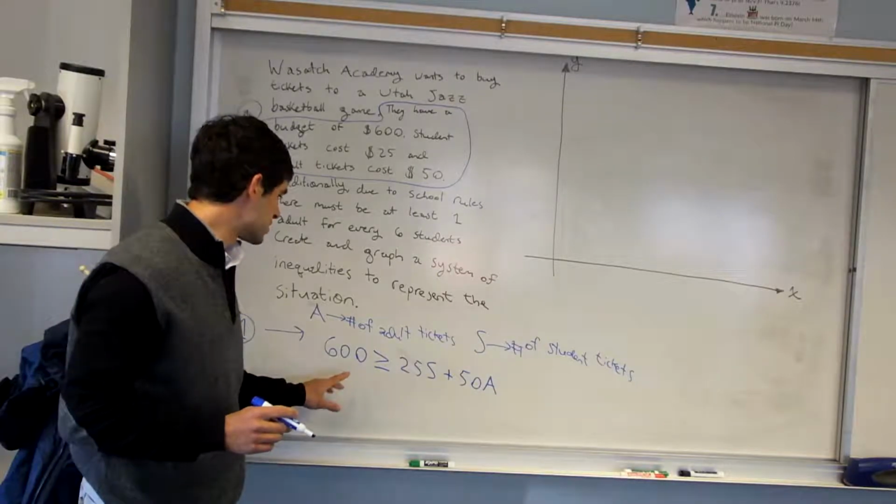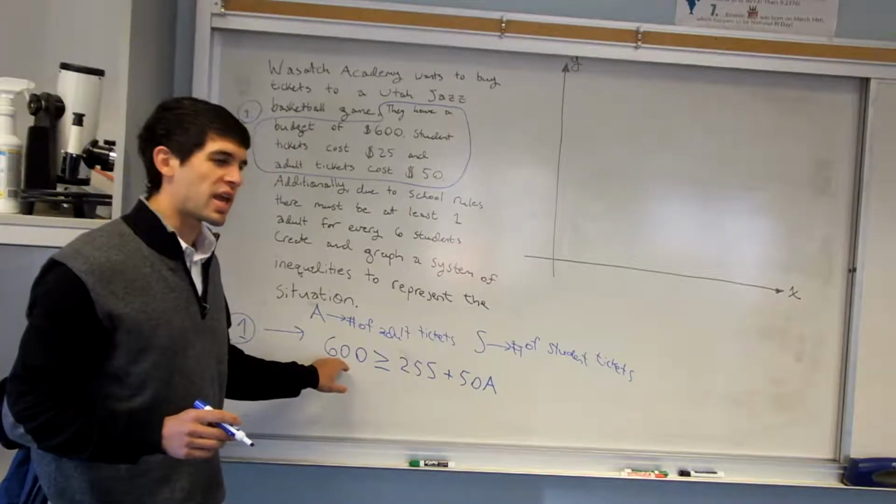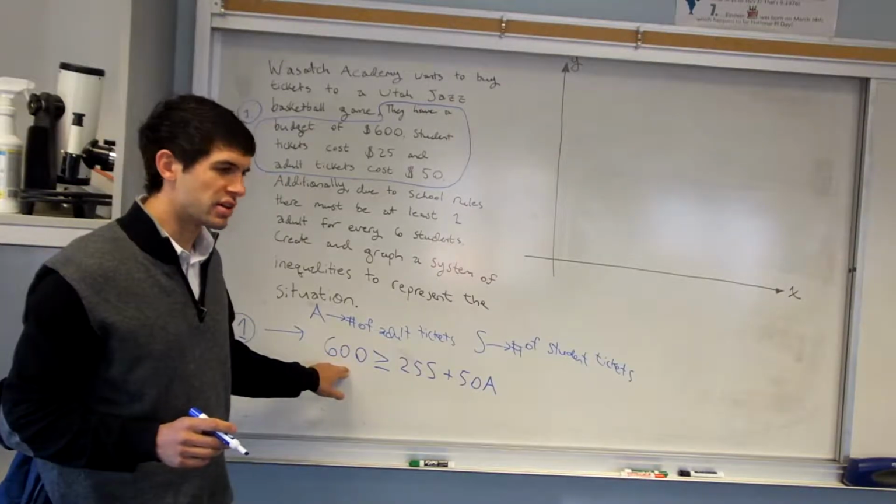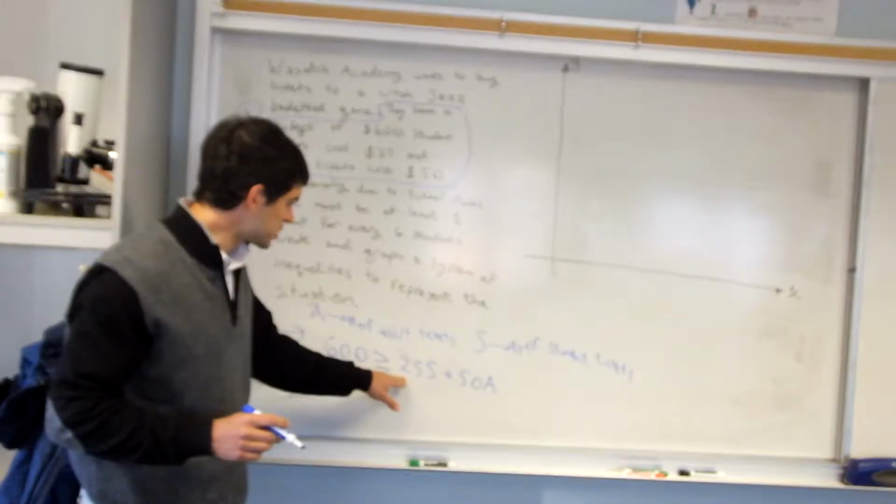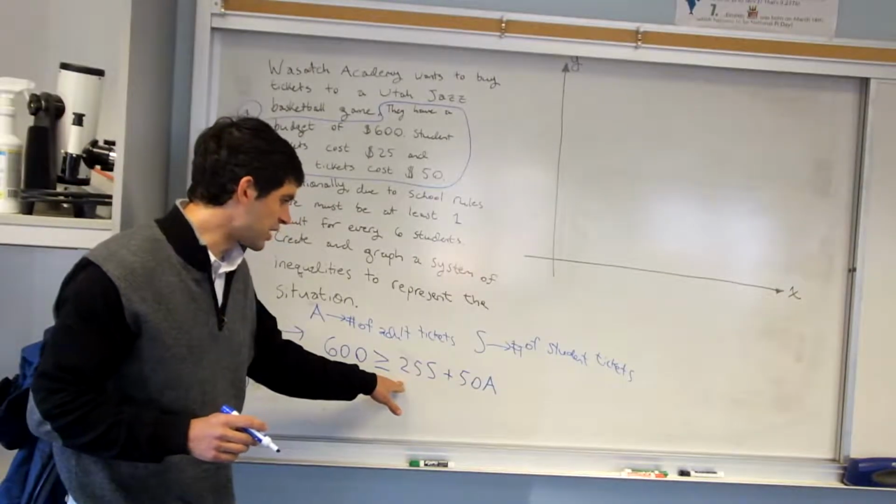That's because we know the school can't spend more than $600, and each student ticket costs $25, and each adult ticket costs $50. So this inequality represents our first constraint, which I have circled in blue here.